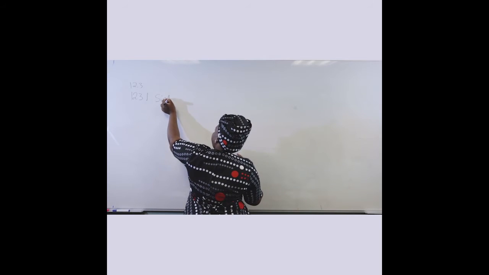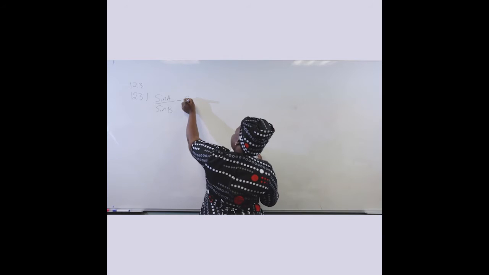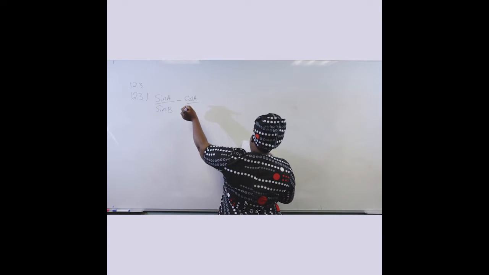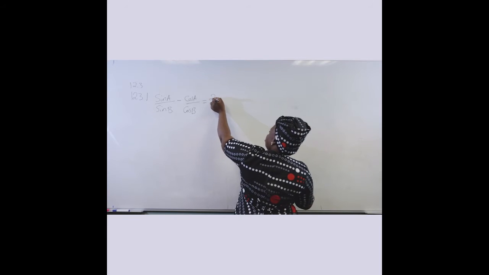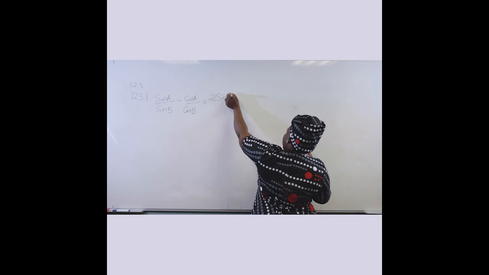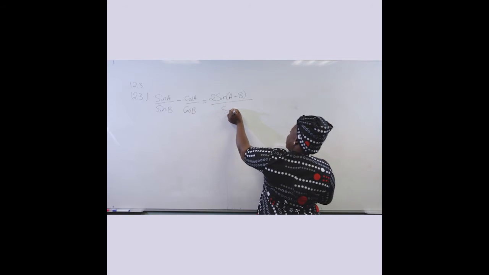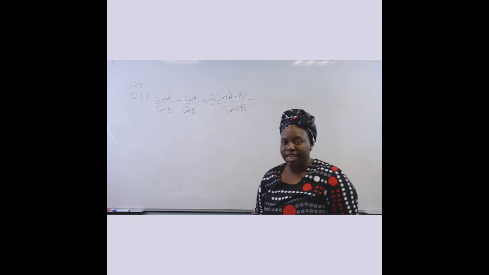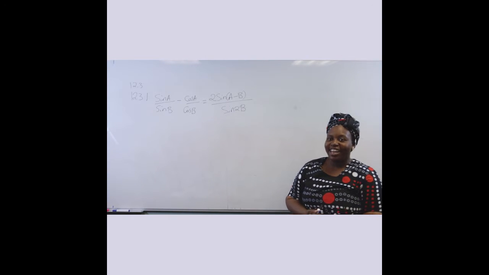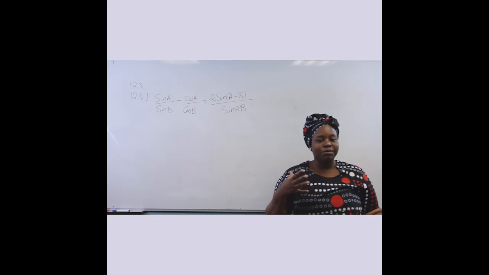This is sine A divided by sine B minus cos A divided by cos B must be equal to 2 sine (A minus B) divided by sine 2B. Remember, angle A and angle B are not the same, so you must keep that in mind. Left side must be equal to right hand side.